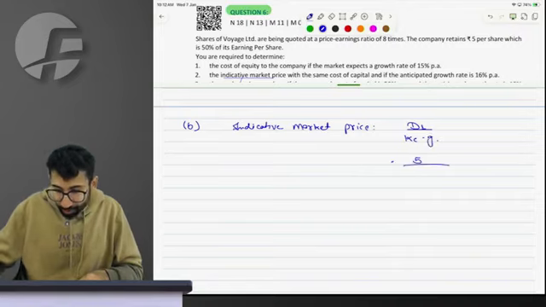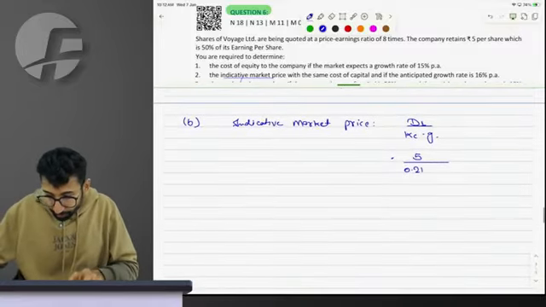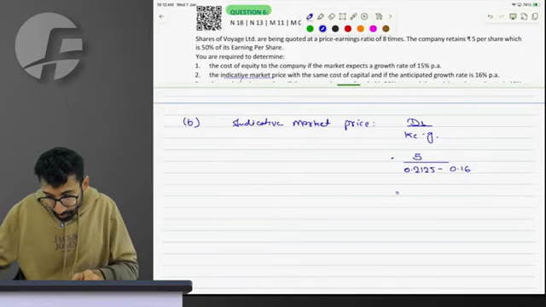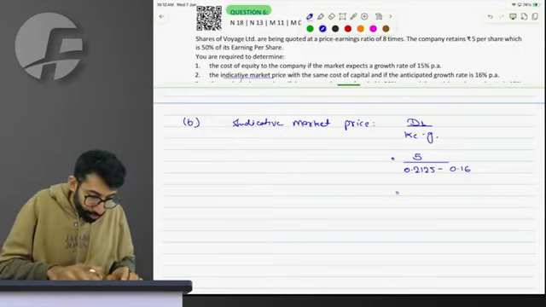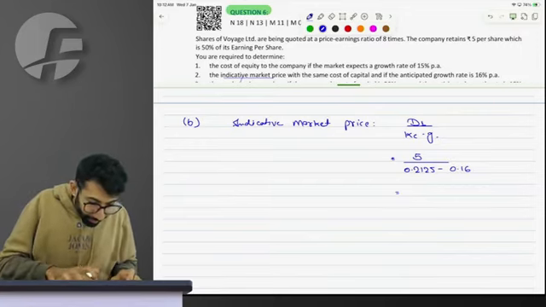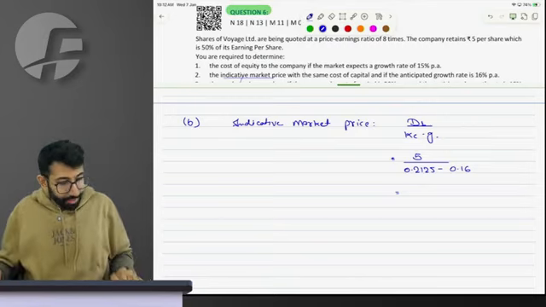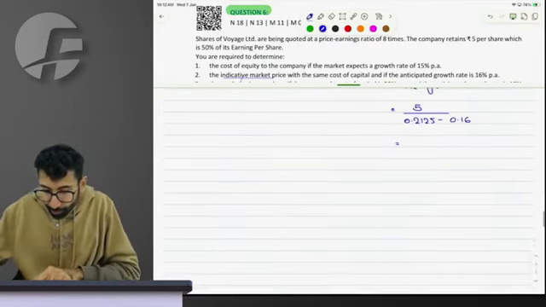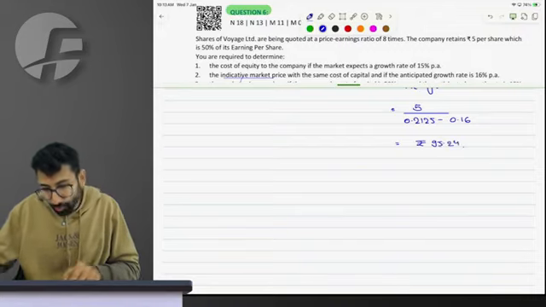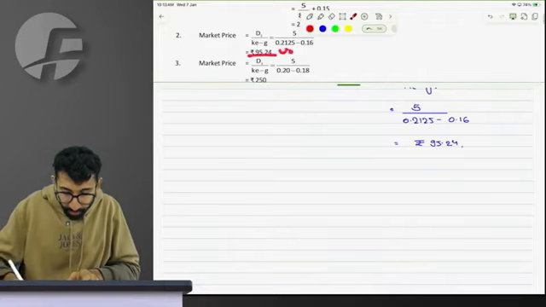I have 5 rupee as the D1, 0.2125 as the K minus 0.16 as the growth. How do you calculate 0.2125 minus 0.16, M plus? 5 divide, equal to, 5 divided by memory recall is equal to 95.24 rupee. 95.24 as the answer of indicative market price is the answer, confirmed.